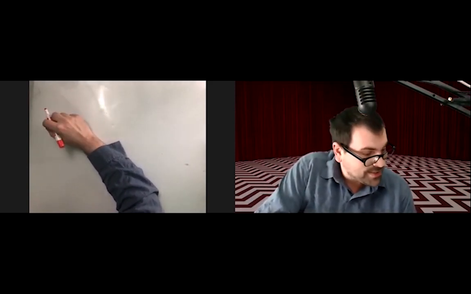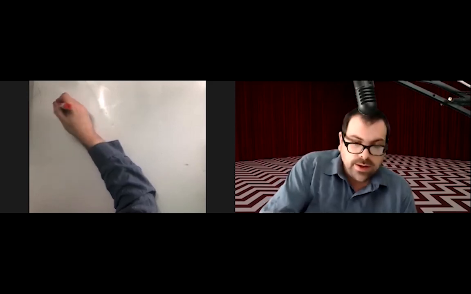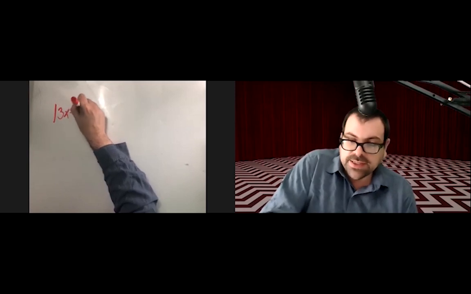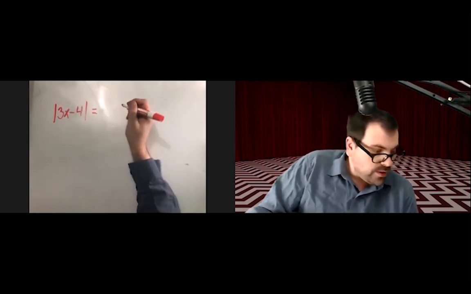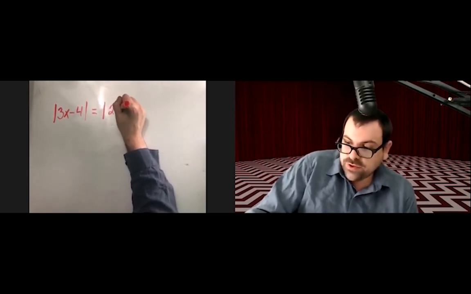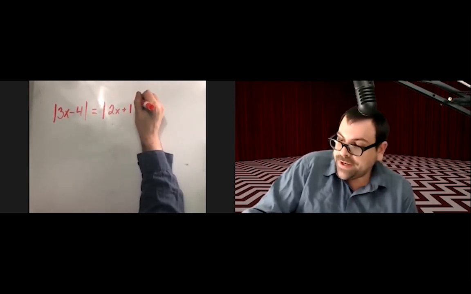Let's do another like that. I won't show it both ways though. Let's take a look at the absolute value of 3x minus 4 equals the absolute value of 2x plus 1.